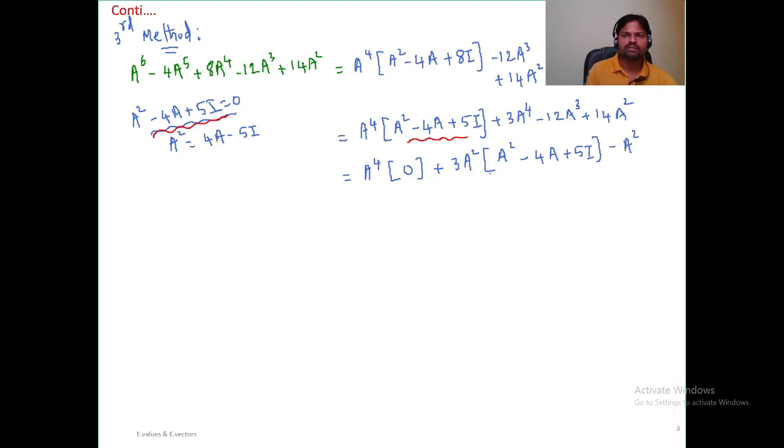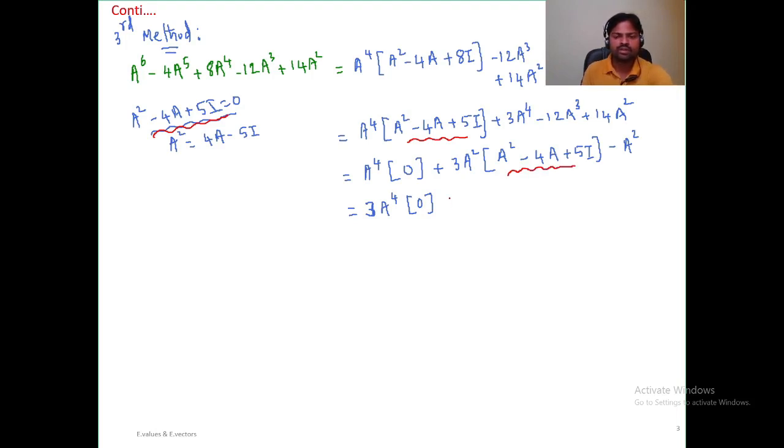Understood? If you simplify this, you have to get this step back. Simplify 3a square into a square, 3a power 4, 3a square into minus 4a, minus 12a cube, 3a square into 5a, 15a square, but here 14a square, but minus a square is adjusted. Now a power 4 into null matrix is null matrix. So 3a power 4 into again this null matrix, by K-linearity theorem, so 0.